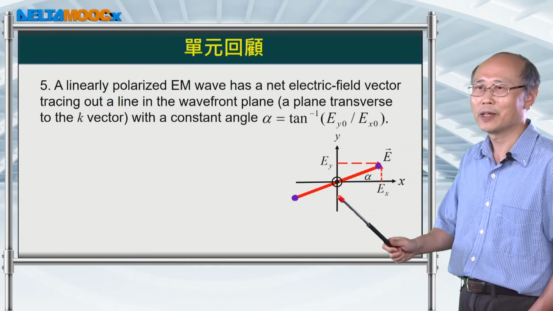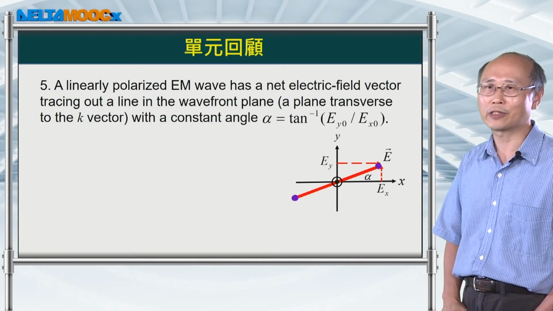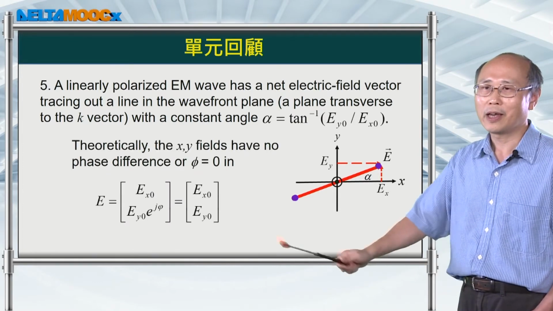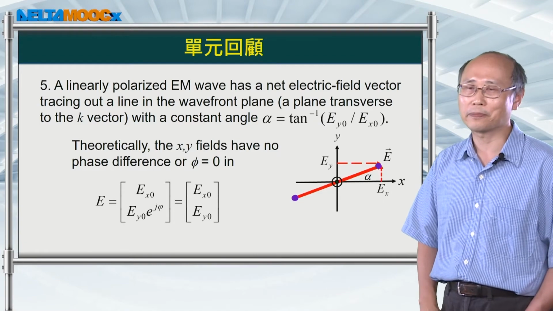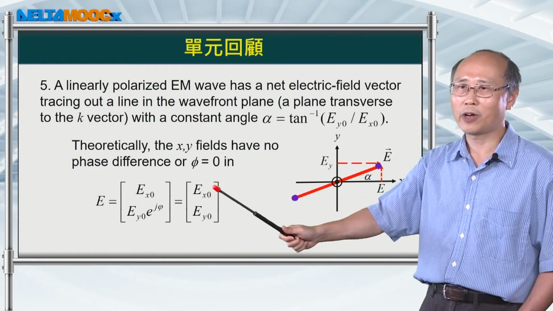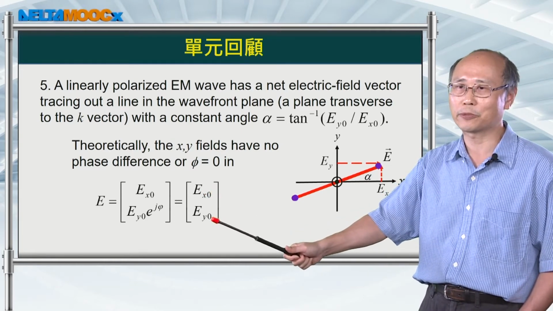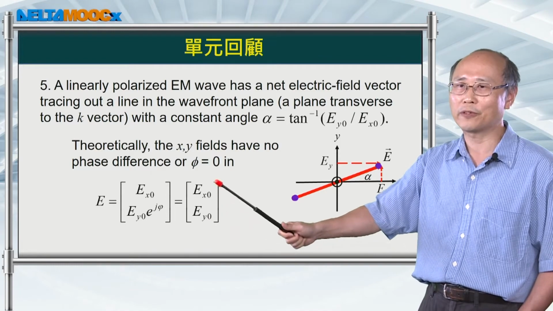This means that the electric field direction does not change with time, and we call this linear polarization. And for linear polarization state, the Jones vector is quite simple. You have just the real expression here and also real expression here, and there's no phase difference between them.